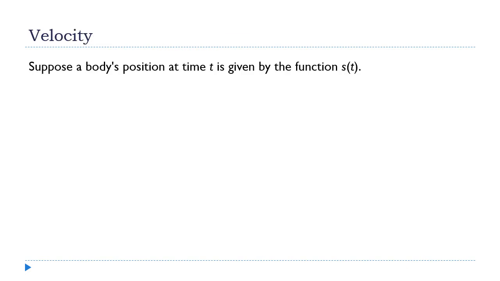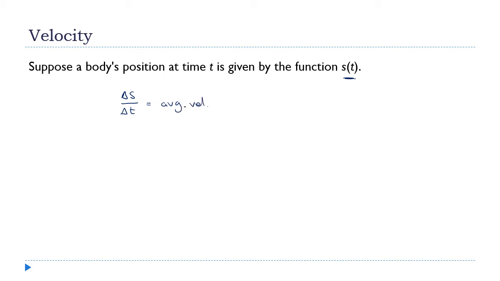Suppose a body's position at a certain time is given by this function s of t. Then what is the derivative here? Well, remember the derivative is the rate of change, and the rate of change of distance with respect to time, if we're talking deltas, is the average velocity.